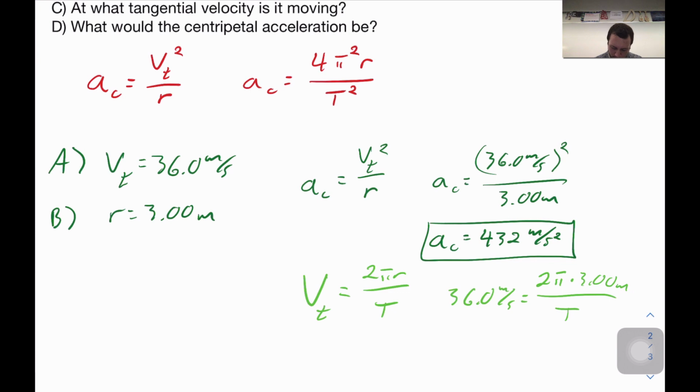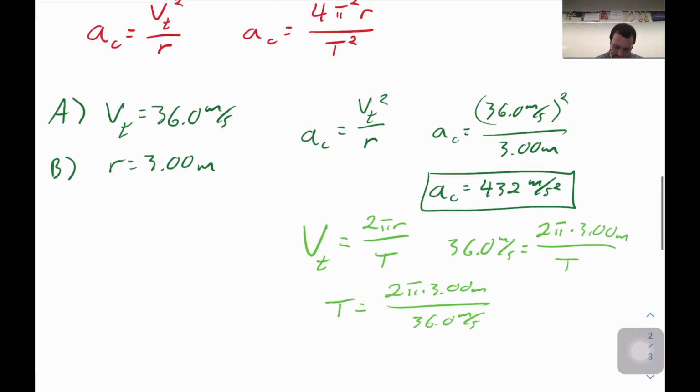So when we rearrange this, we get the period is 2 pi times 3 meters divided by 36 meters per second. And this gives us a period of 0.524 seconds is what we get for our period on part B.